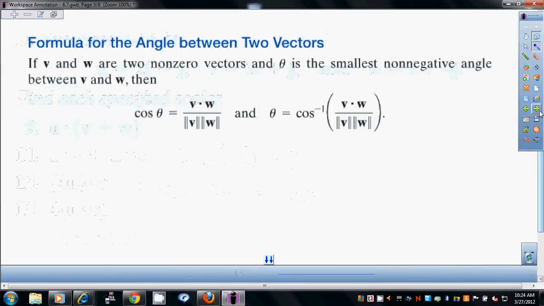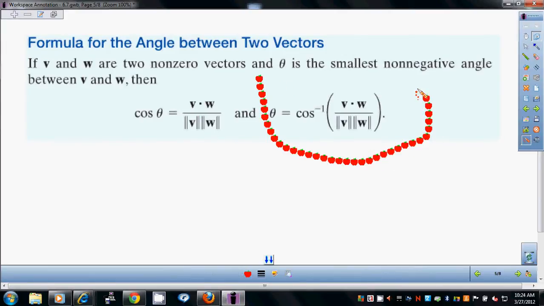We're already half done. Second thing you need to write down, I would really focus on this formula, the right-hand formula. The left-hand formula is good too, but the right-hand formula basically just goes one further step, and that's essentially what you're going to need today. To find the angle between 2 vectors, to find the angle formed by 2 vectors, you can use that formula.